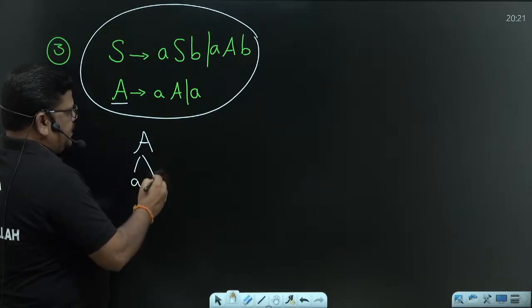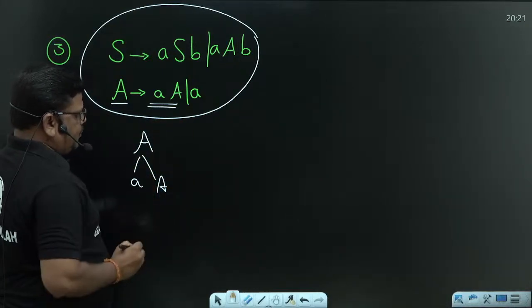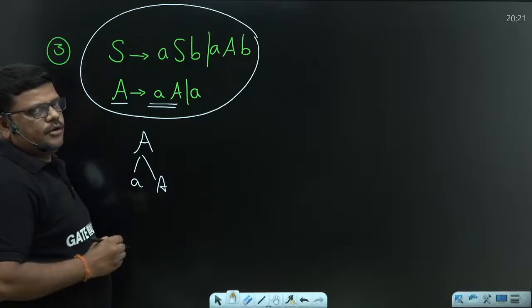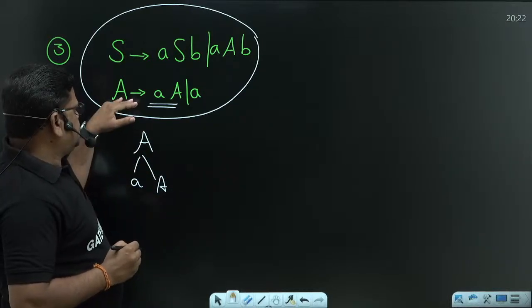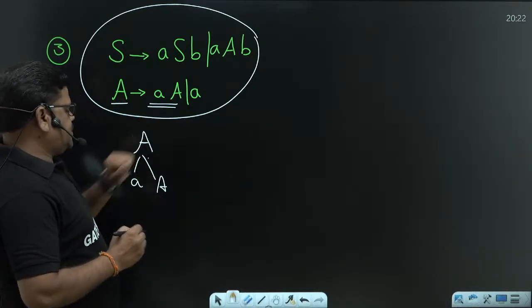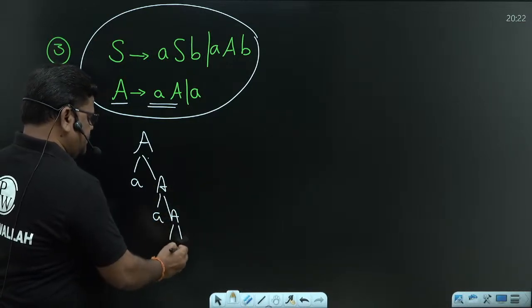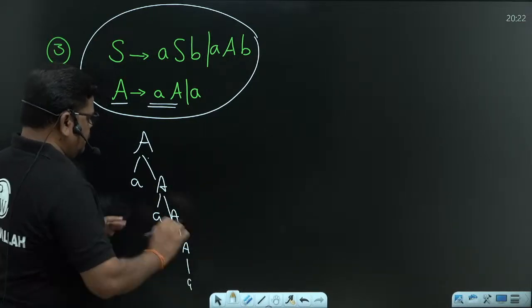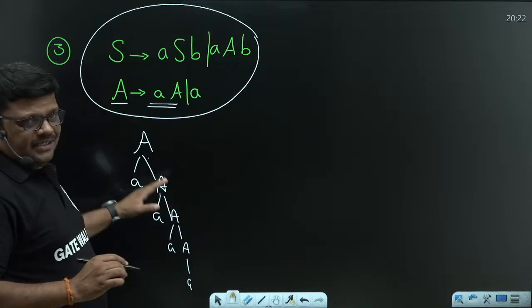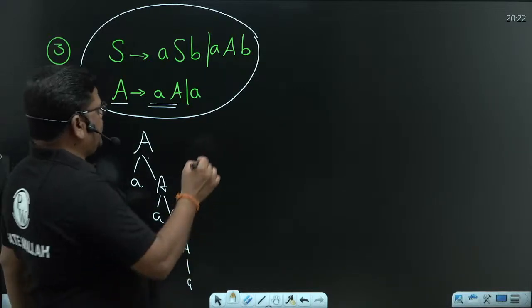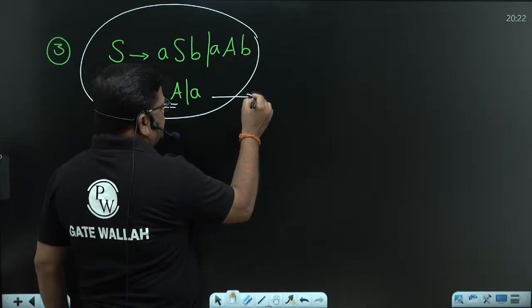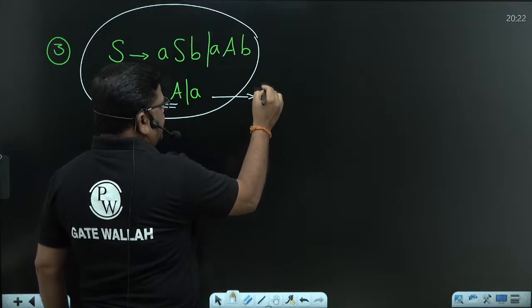Capital A: whenever you take this production, A gives small a followed by capital A. This capital A is replaced by this production, again this we can replace, again this we can replace, and so on. If I go, it is producing a number of a's recursively. So I can say the language generated by this will be a power n.